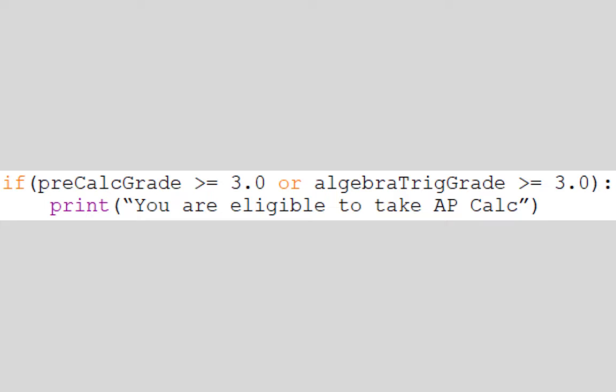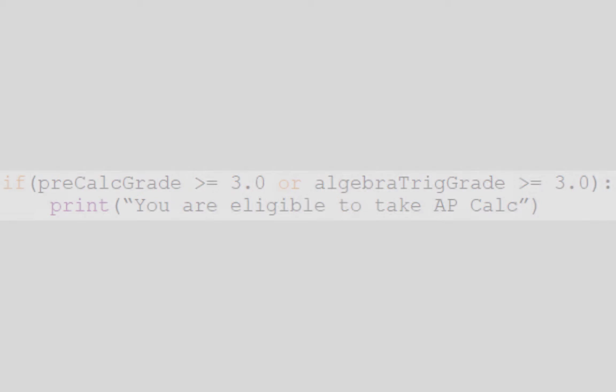So we can do: if pre-calc grade is greater than or equal to 3.0, or algebra trig grade is greater than or equal to 3.0, print you're eligible to take AP Calc. For this one, you compare the grade from pre-calc and the grade from algebra trig, and if one of those holds true, then you can take AP Calc.